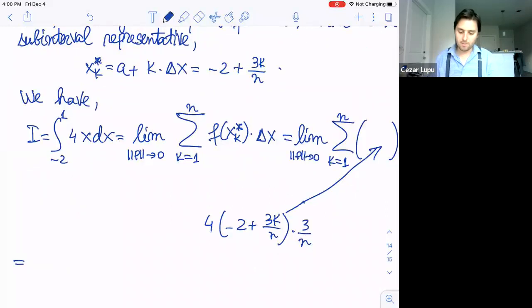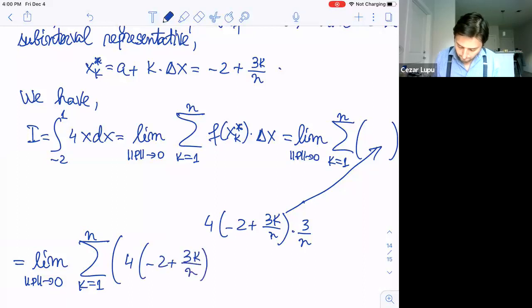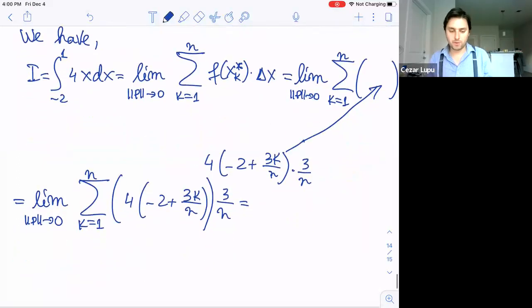Okay, so if we want to continue with the computation, this would be the limit as the norm of P approaches 0 of, let me write it again. Let me just copy this. And now you're going to do the computations here.